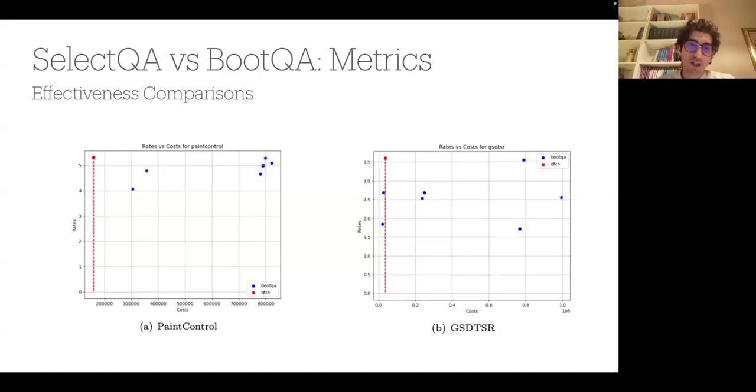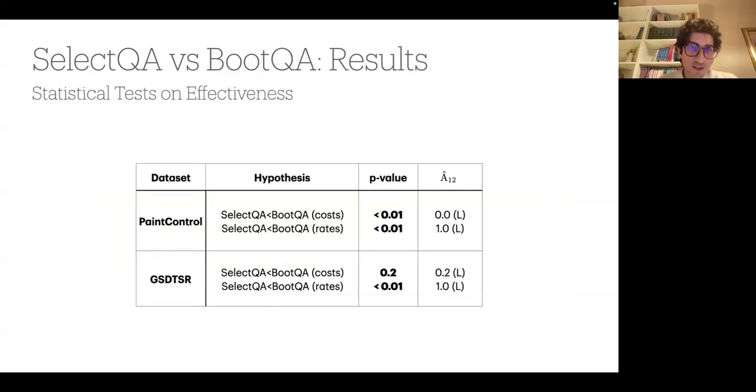In particular, for Paint Control, SELECTQA was able to dominate the solutions of BootQA in 10 out of 10 cases, whereas for GSD-TSR, SELECTQA dominated the solutions of BootQA in 8 out of 10 cases. In only 2 cases, BootQA found a solution that has lower execution cost, but also a lower failure rate. The statistical tests also confirmed the results that we obtained.